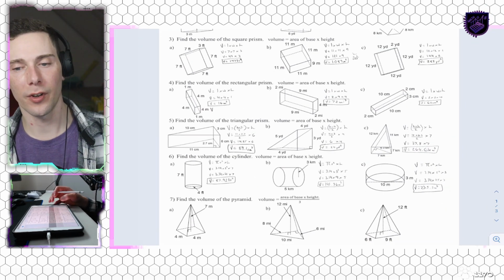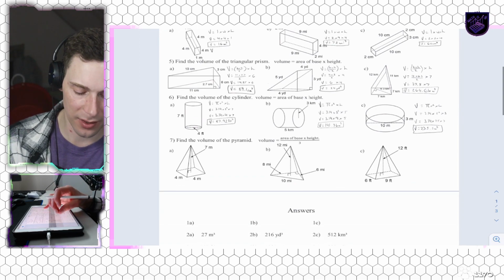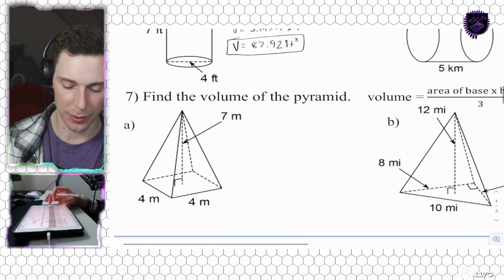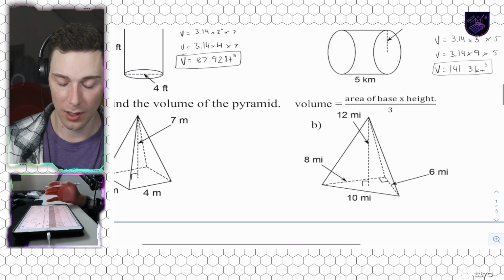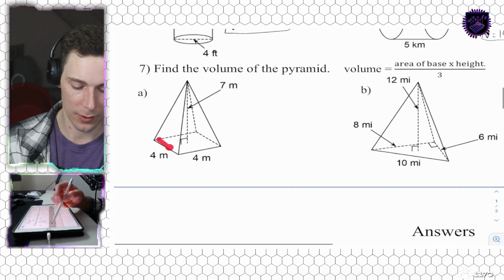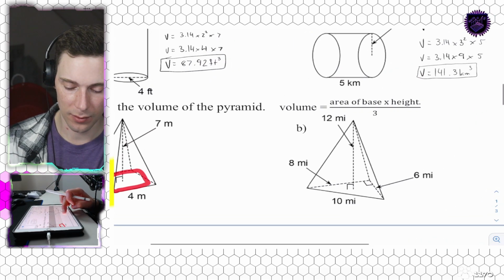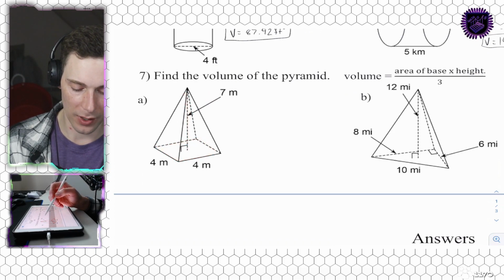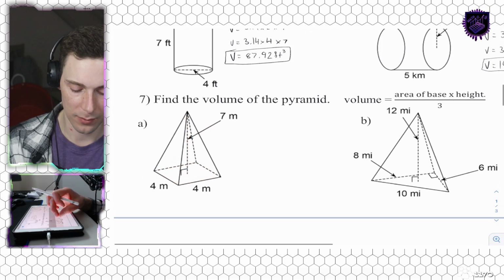Pretty good so far. Last set of questions. Now this is one I probably haven't talked about in class, but it's supposed to be challenging. Now the volume, area of the base, I have a square base times the height divided by 3.